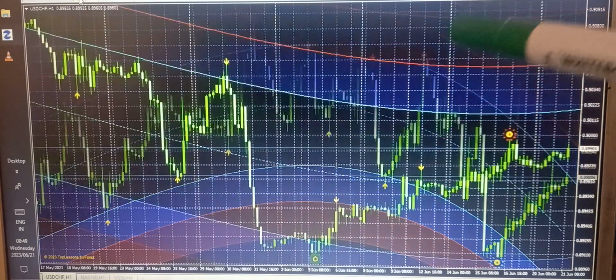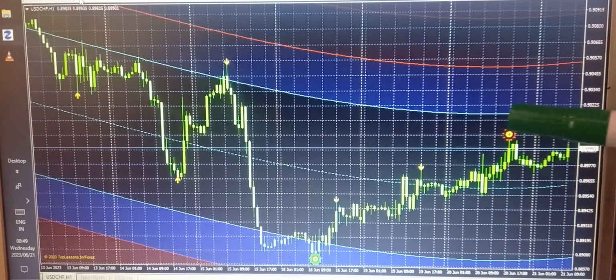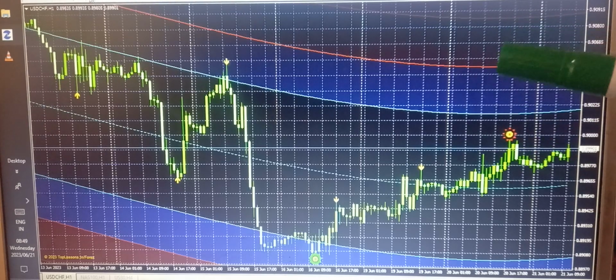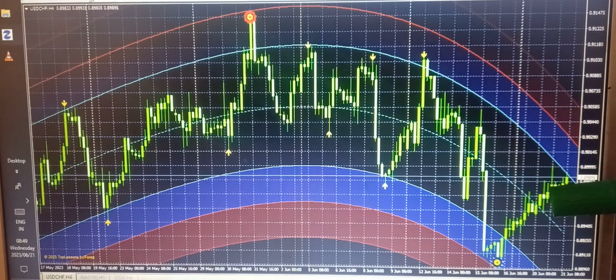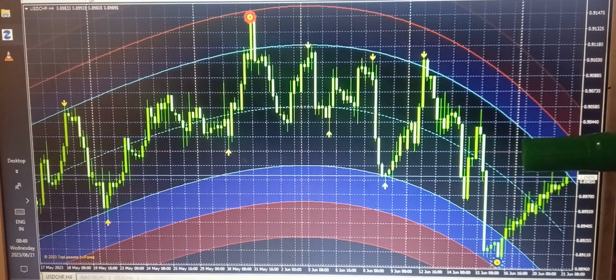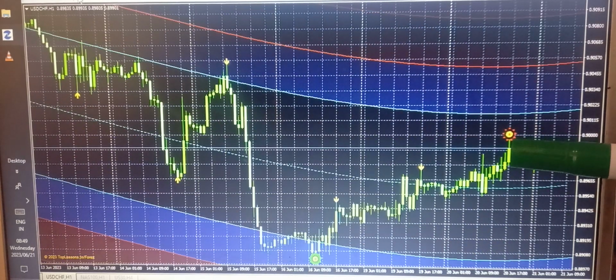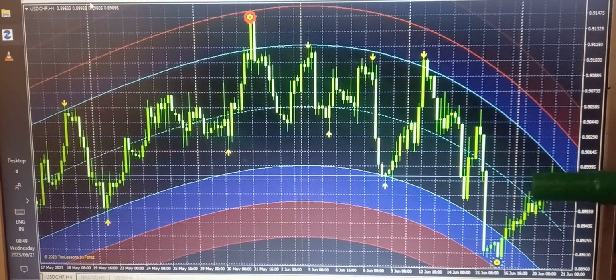But in this scenario, if you have a sell signal on the 1-hour time frame like this, but you don't have the same signal on the 4-hour time frame, we don't take this kind of trade, right? You have a signal on 1 hour, this is the signal of a sell, but you don't have the same signal on 4 hour, then this kind of trade, we don't take it, okay?